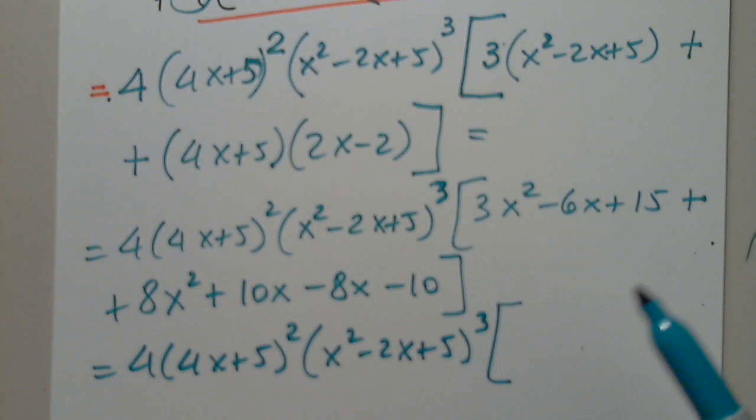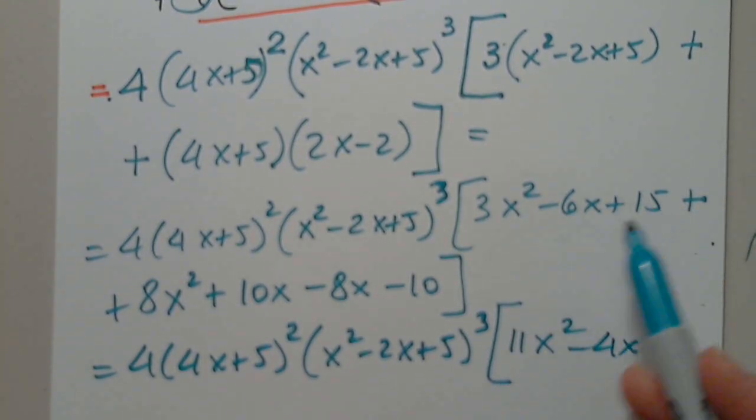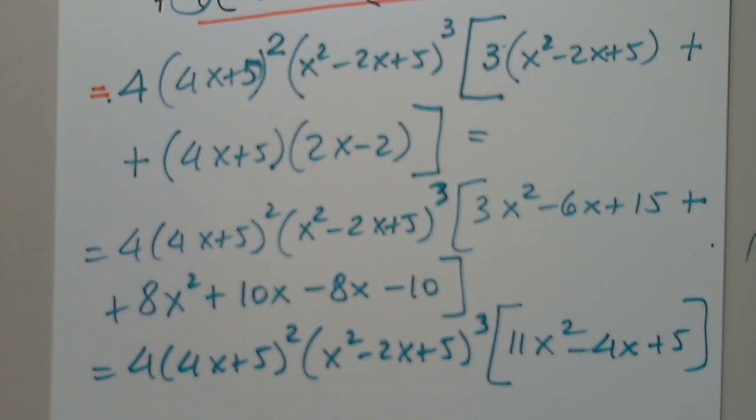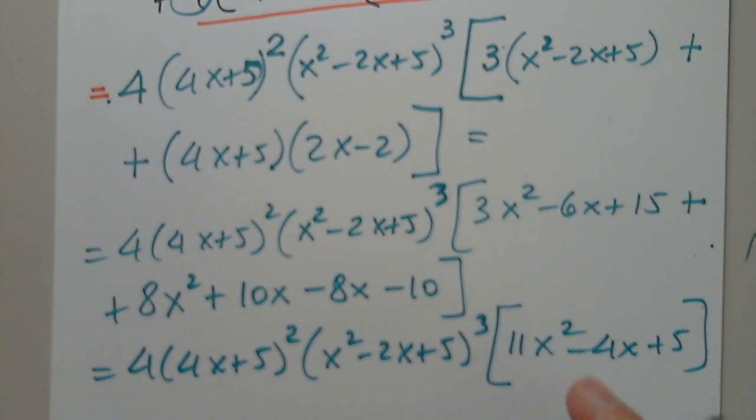This with this: 11x squared, 2 minus 4x, and then 15 minus 10. This is fully simplified. At this point, I could have used just parentheses. I didn't need brackets anymore, but I can change it so it doesn't confuse you.